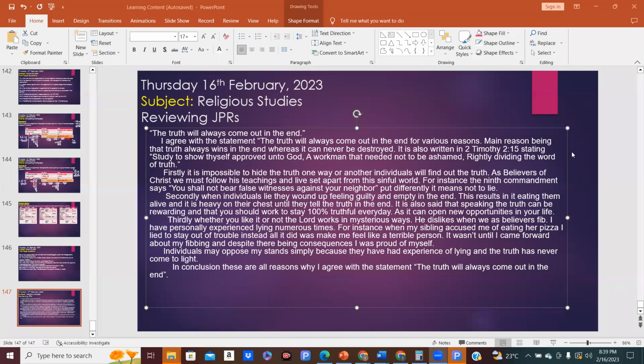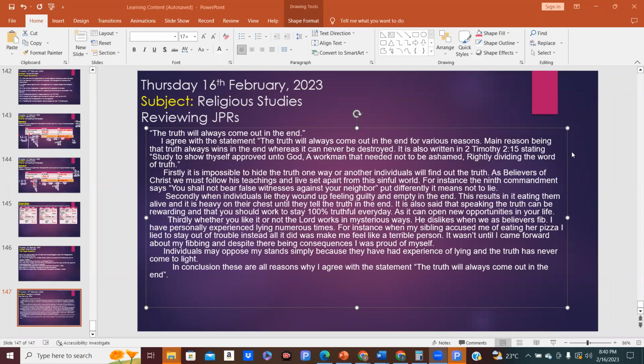First, it is impossible to hide the truth one way or another. Individuals will find out the truth. As believers of Christ, we must follow these teachings and live set apart from this sinful world. For instance, the ninth commandment says, "You shall not bear false witness against your neighbor."